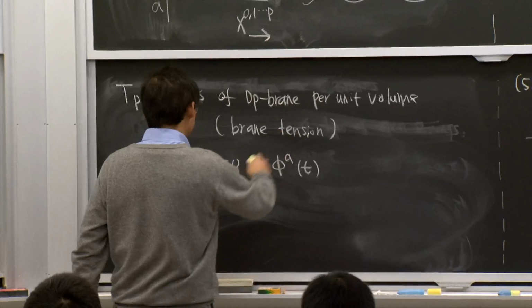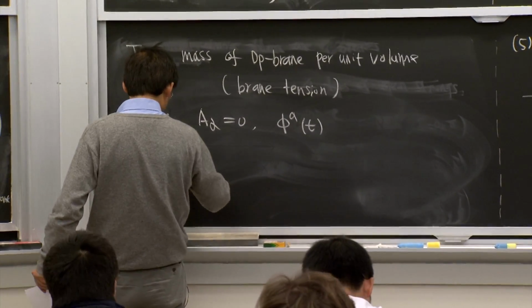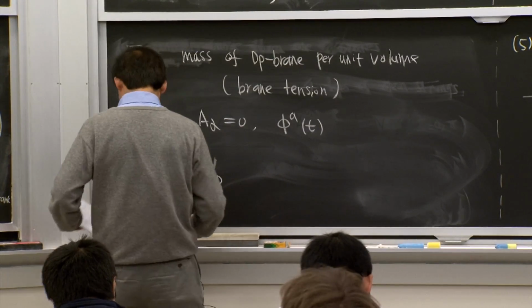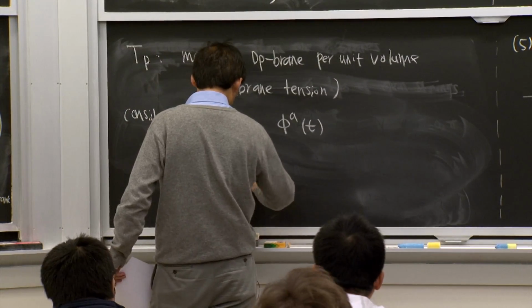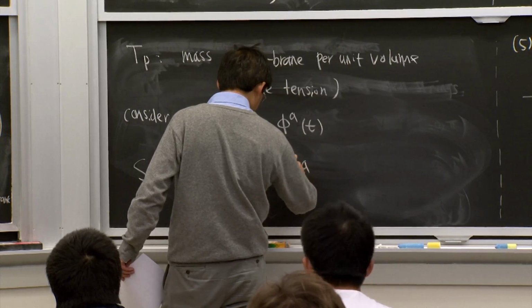Then this effective action becomes Tp, then the volume Vp, then dt 1/2 phi dot A squared.